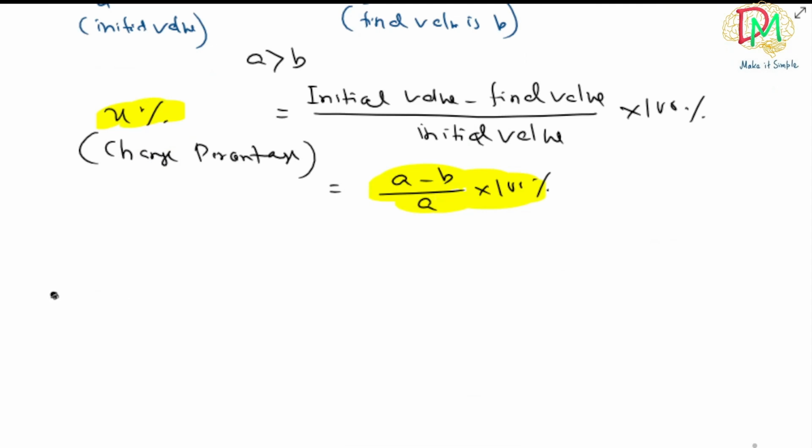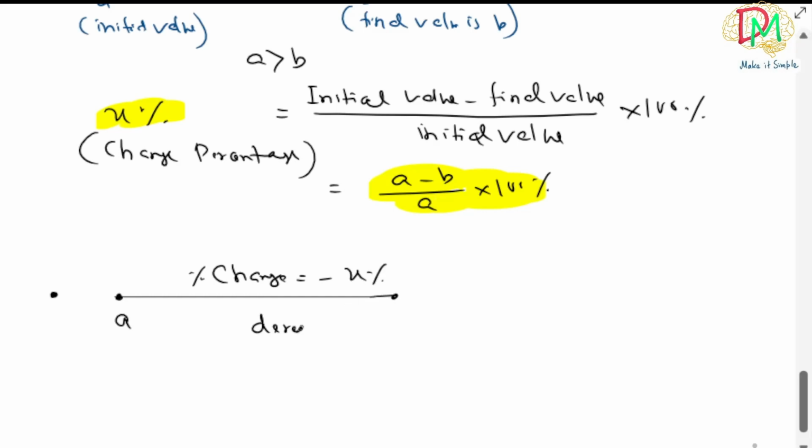Means the second part: if the initial value is given and the percentage change is minus x percentage, meaning a percentage decrease, from here we can find out the value of b.